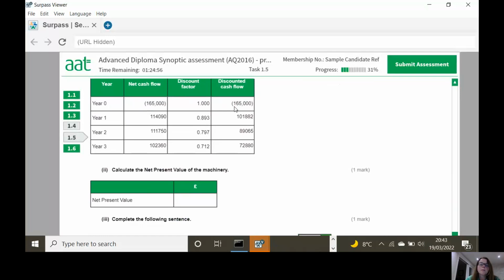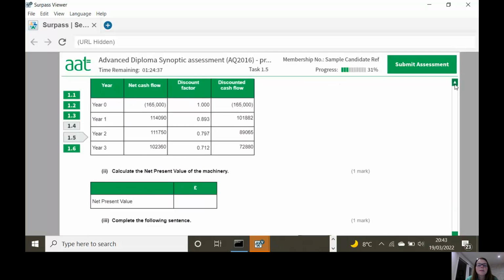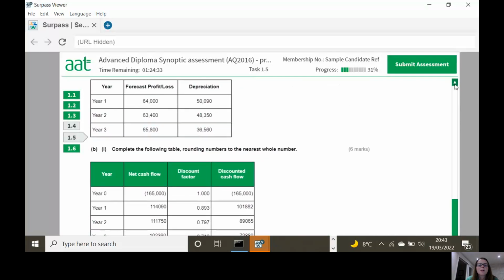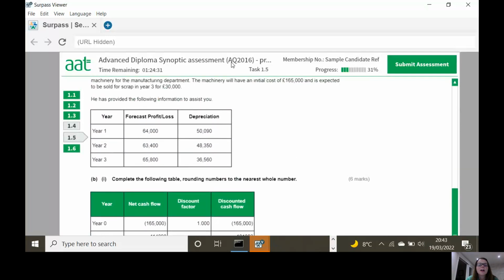All right, so I've just done minus 165,000, add, which gives me a figure in my calculator of, oh, wait a minute, I've gone wrong somewhere. I've got the answers here, I've just realised I've gone wrong. Right, so where have I gone wrong? I know what it is. It's because I forgot about this being sold for scrap in year 3.